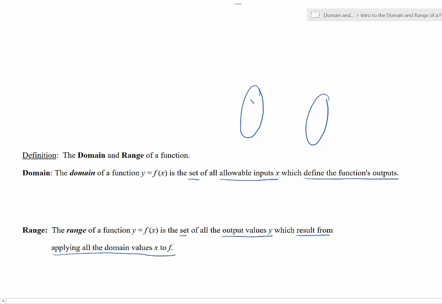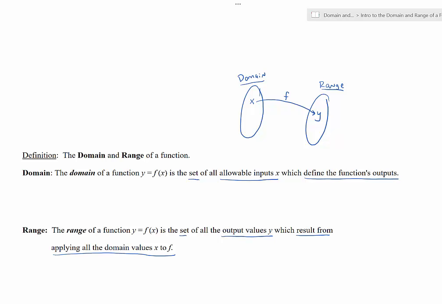We say, okay, we take our inputs and then we map them. We get some output by applying the rule f to it, y being f of x. Then that collection of all those x's on the left, that set is our domain values, and on the right, that set are our range values. So it's all the inputs as a set, domain, and all the corresponding outputs, the set which we call the range.